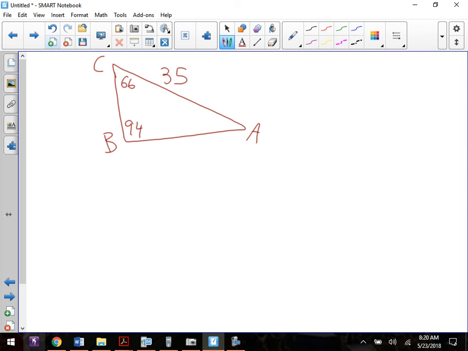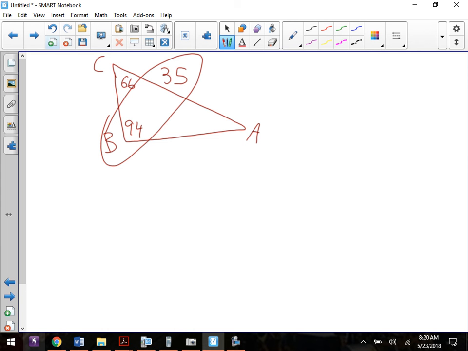Law of sines, yes. You will use law of sines. The reason why you use law of sines is because you have an angle and a side opposite. Okay? That's when you choose to use law of sines. Now, do I have to worry about the ambiguous case? It is a no. The reason why it's a no is because there's already a secondary angle there. I don't have to worry about finding the second angle. So now all I have to do is figure out the third angle to start.